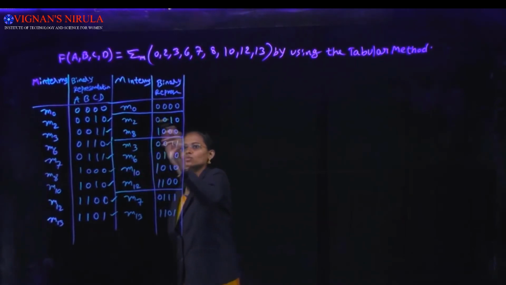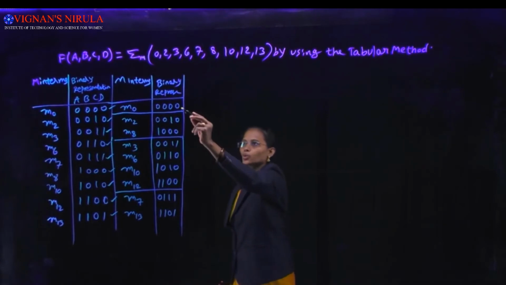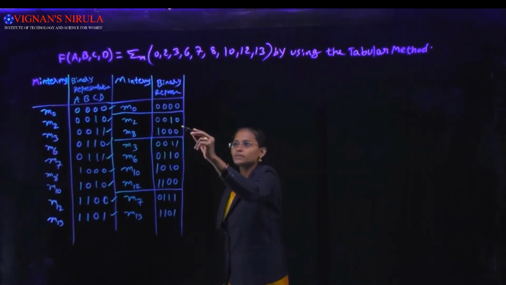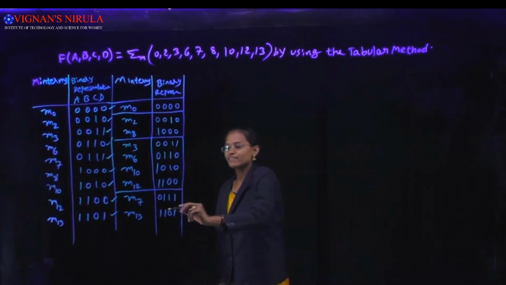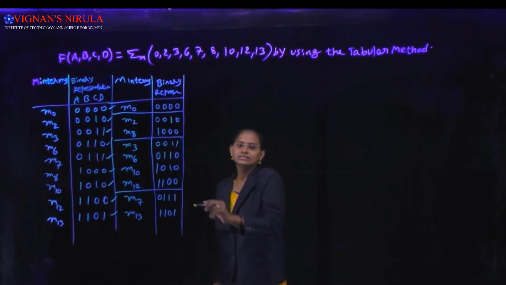M8 is also 1 and M0. First group is all zeros and the next group is number of ones are 1 and the third group is number of ones are 2 and the fourth group number of ones are 3.